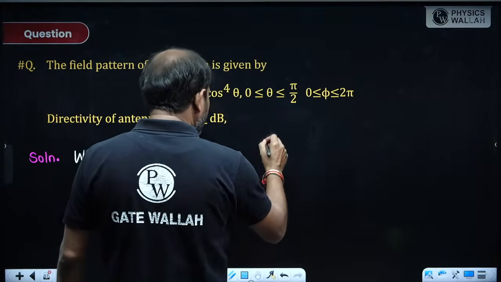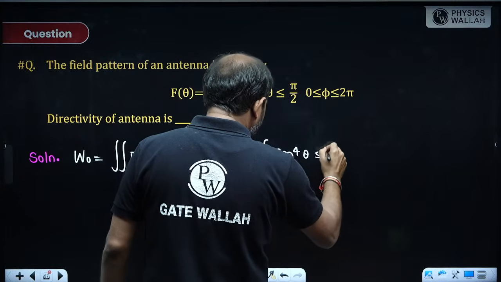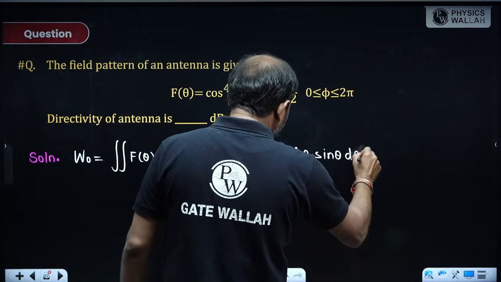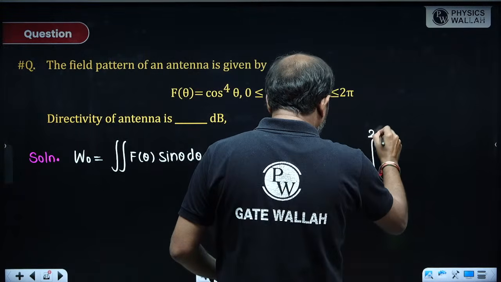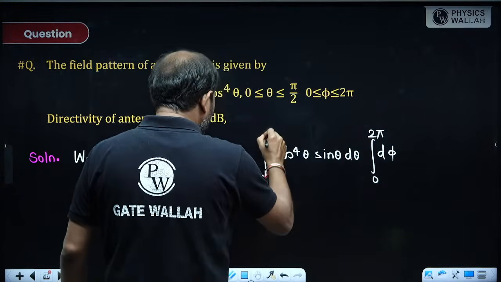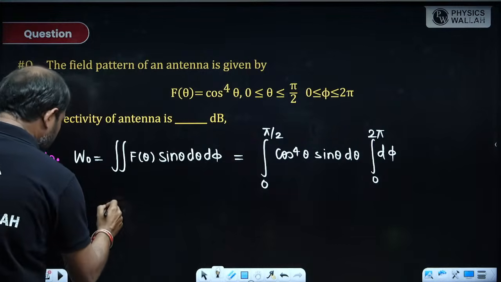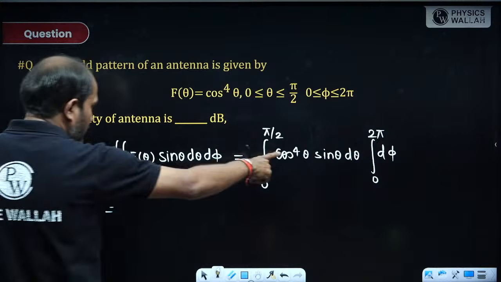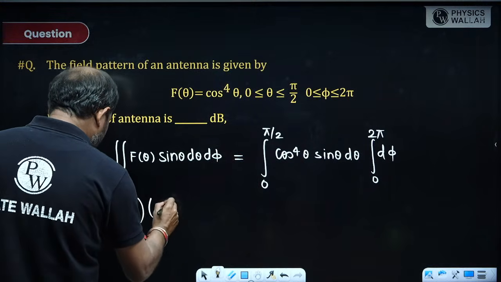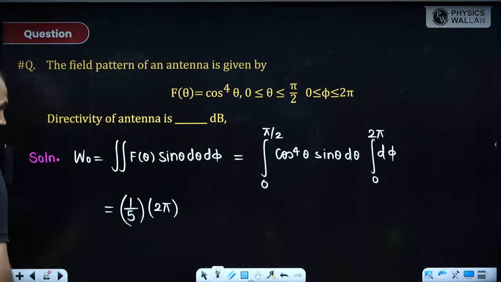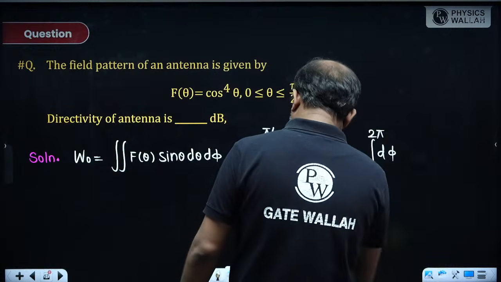So it will be cos to the power 4 theta sin theta d theta d phi, with phi from 0 to 2 pi and theta from 0 to pi by 2. So it will be x to the power 4, 1 by 5, and this one is 2 pi by 5.